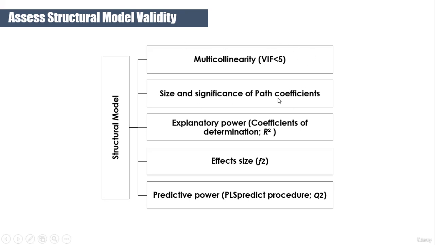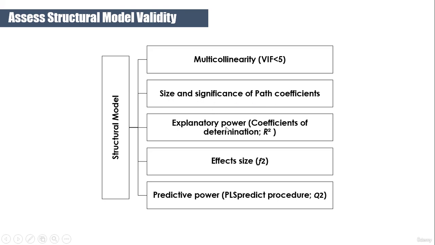Then the size and significance of the path coefficients. That means hypothesis testing, where we see the path coefficient, the beta value. We check whether the beta value is positive or negative, and whether the p value and t value are significant or not.